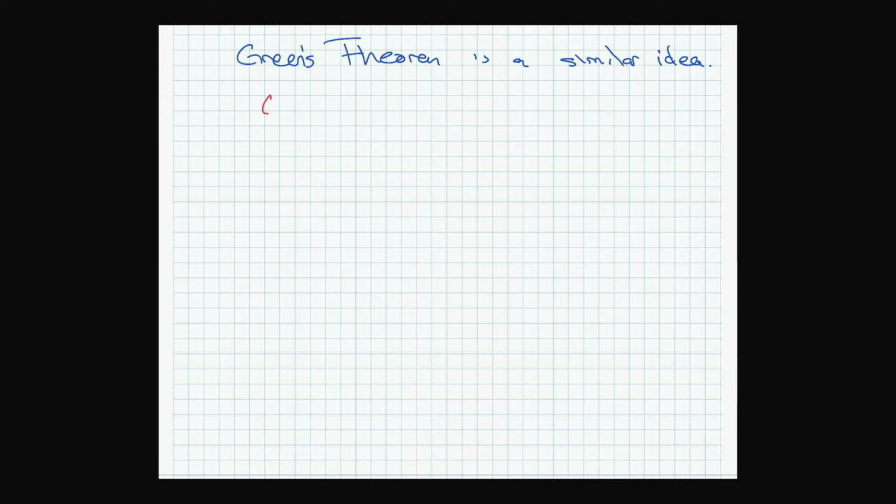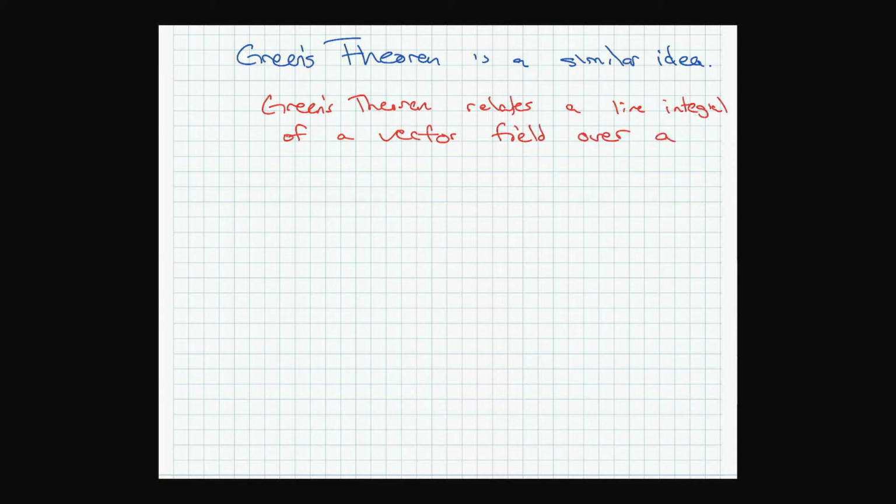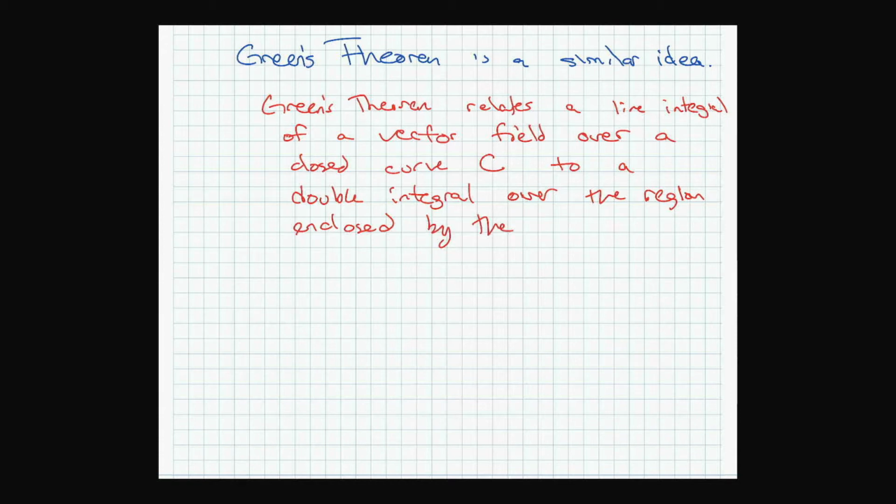Green's theorem relates a line integral of a vector field over a closed curve to a double integral over the region enclosed by the curve. Now, that's not the actual theorem, that's the idea.